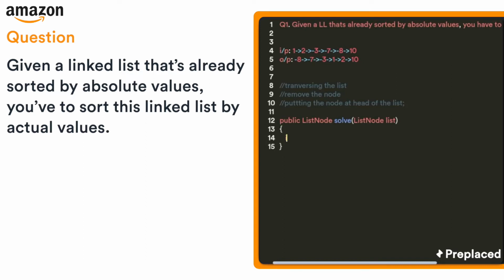So I'll be using some base conditions. If my node is empty, or it contains only one node, then I'll simply return the list. Let me take this as head, then I'll be more comfortable.